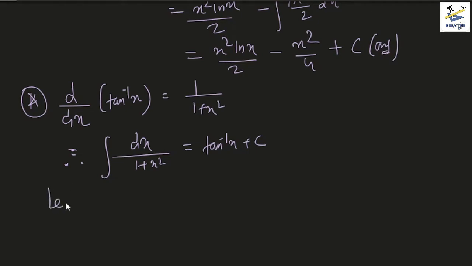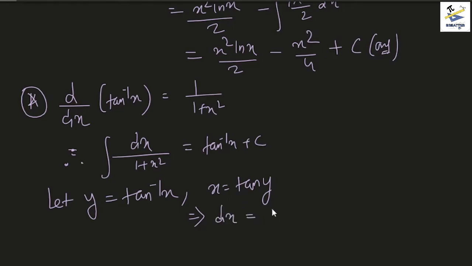Let y equal tan inverse of x, then x should be equal to tan of y, right? What we are trying to find is dy by dx. The derivative of tan y is sec square y, if you remember it from the derivative section.